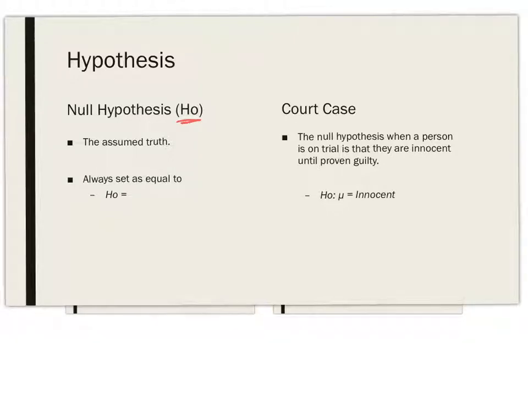And when we do a statistical test, we have these things called hypothesis tests. When you do these statistical tests, you have to start off with a null hypothesis. What is the assumed truth or the assumed claim that is made? And we always write it as H0 equal to something. And we're always going to test around the parameter for now. Our parameter will be mu, which is the true population mean.